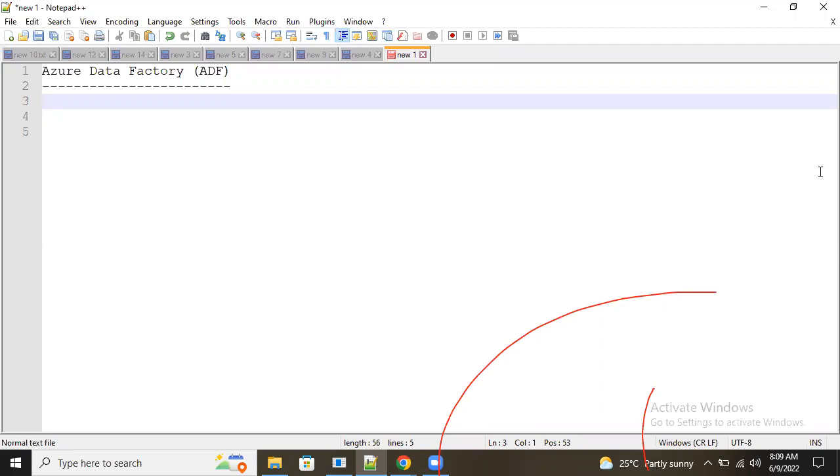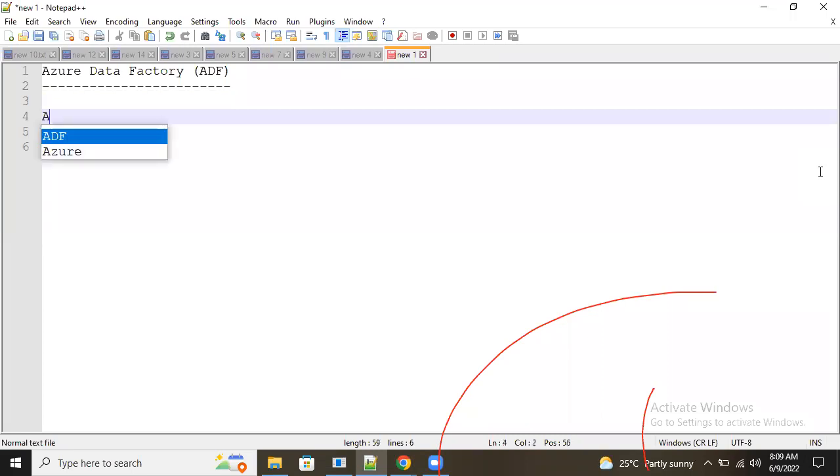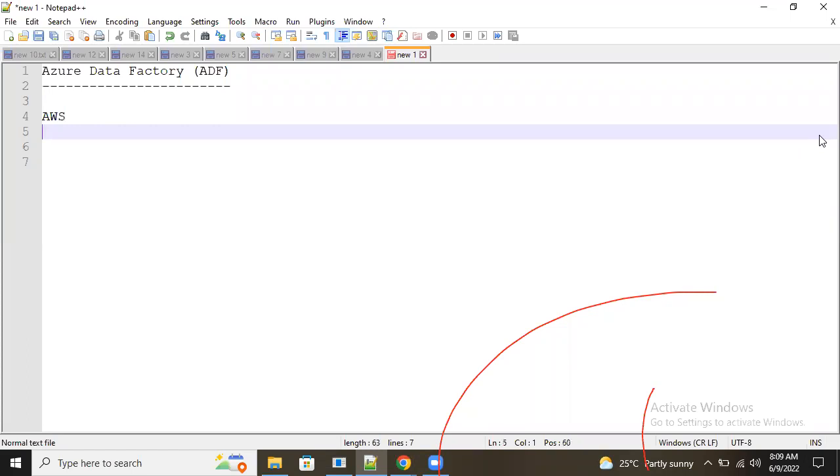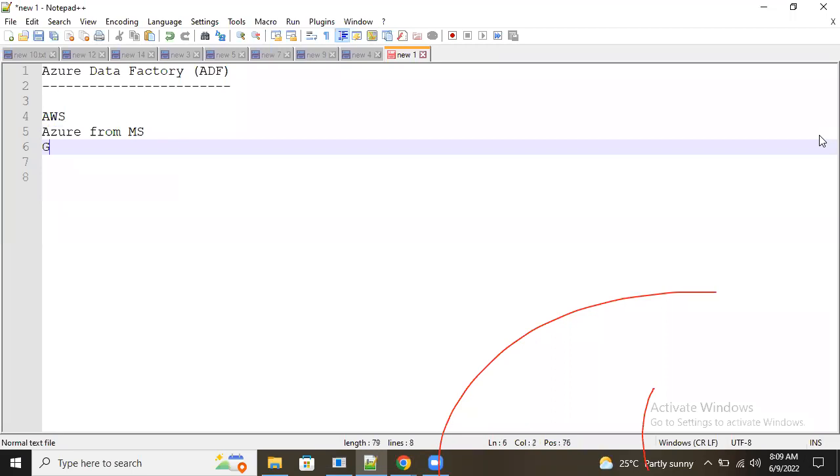Okay, what are all the cloud providers available in the market? We have AWS, Amazon Web Services, Azure from Microsoft, and Google Cloud Platform.